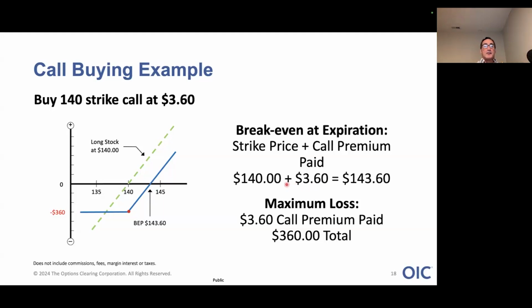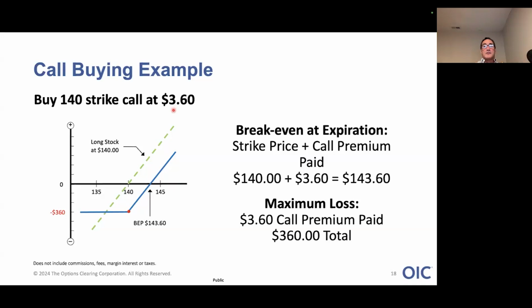In this case, if I buy the 140 level call, theoretically, there's no limit to how high this stock can go. If the stock goes to 150 at expiration, well, now the right to buy stock at 140 is $10 in the money. It's going to have $10 of what we call intrinsic value. It'll probably be trading close to $10. I paid $3.60 for it.